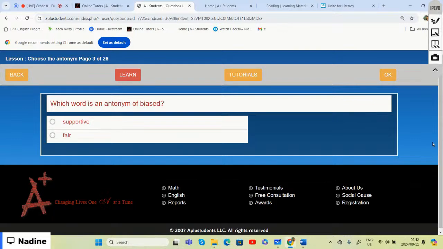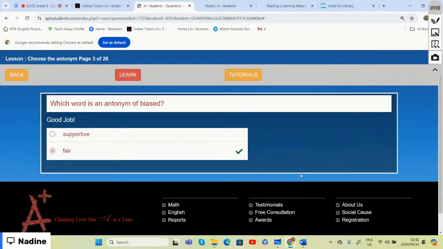And if we were to identify the word that is the opposite of biased, right, then we can say the word that is the opposite of biased is fair. Because bias is where you're unfair, right? You're against someone or something. So the opposite of biased is fair.